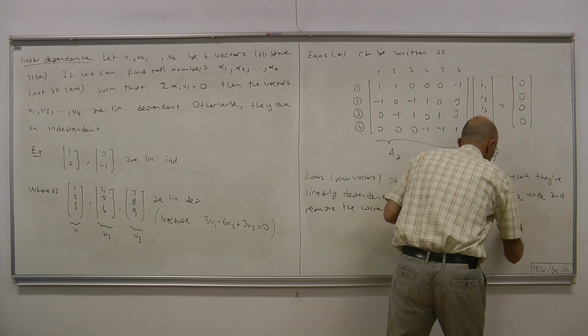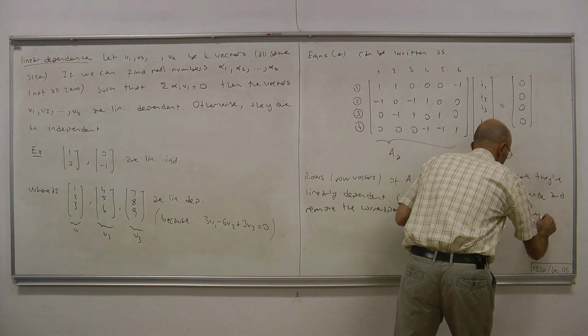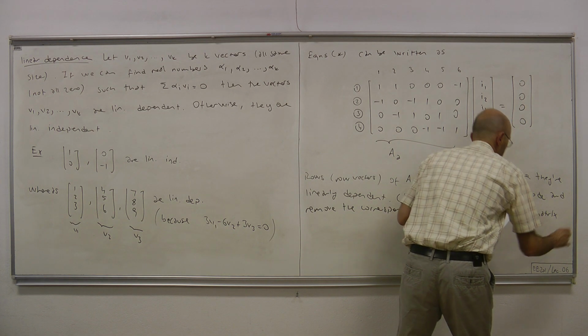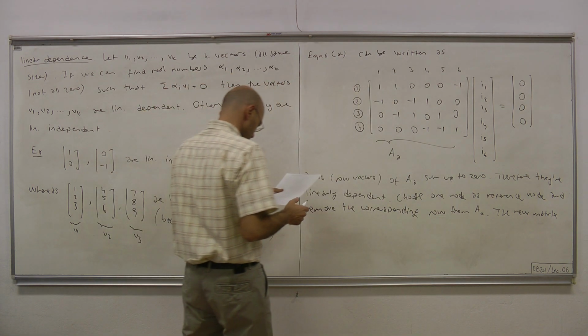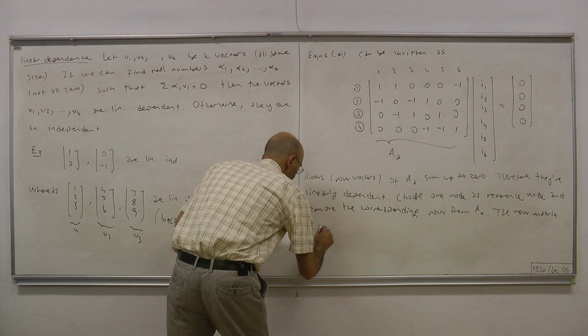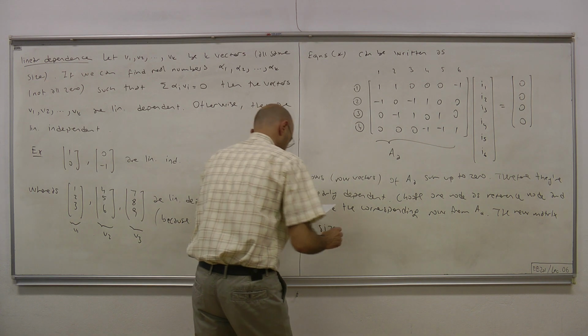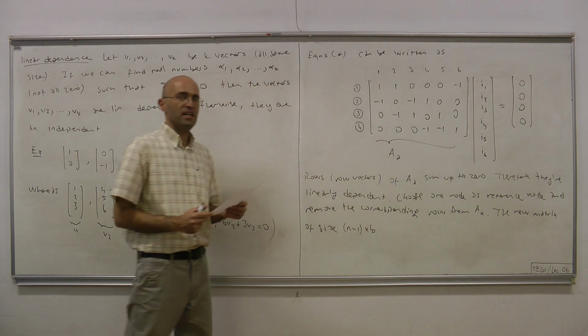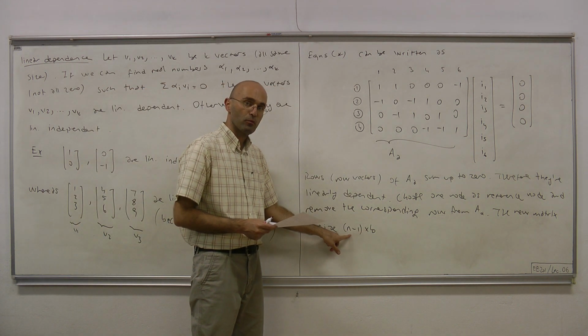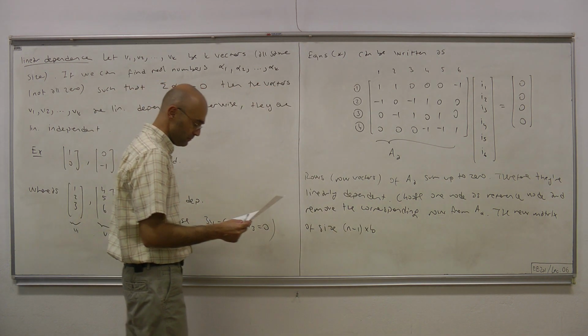The new matrix has a smaller size, n-1 by b. Remember, n was the number of nodes in the graph.